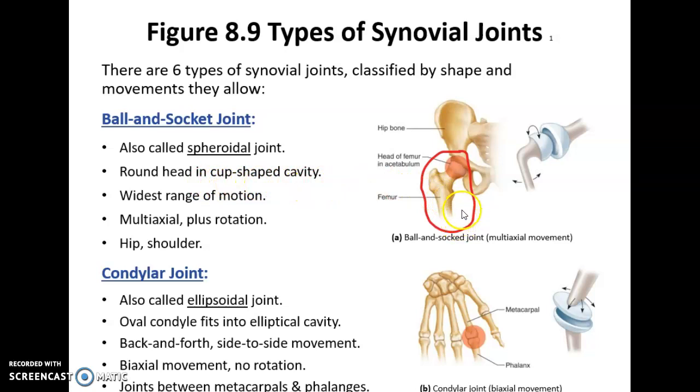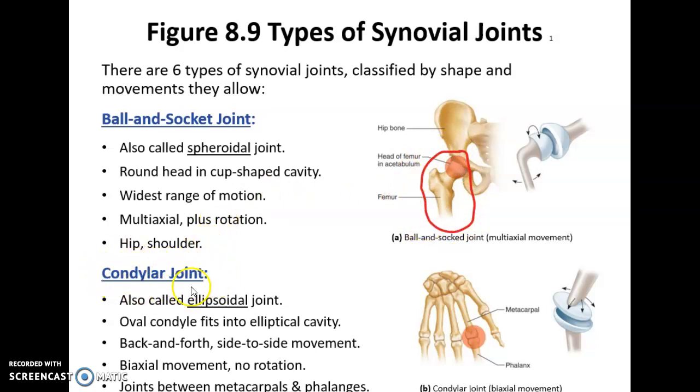Some examples could be the shoulder, or glenohumeral joint, or another big example, this one, which is the coxofemoral joint. It has the widest range of motion. It's multi-axial. You can have flexion, extension, circumduction, and almost every single movement available.